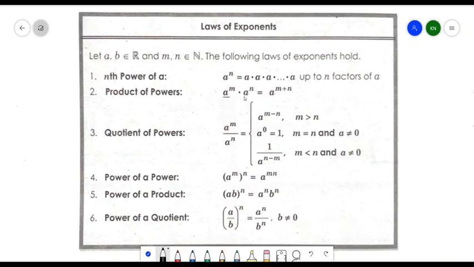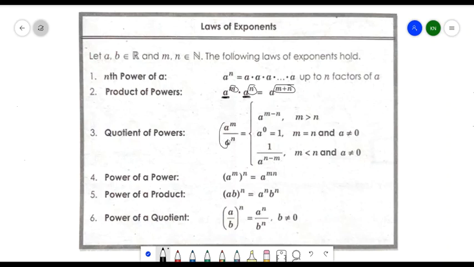Given the same base, if our expression has the same base, meaning you just have to add the exponents if they have the same base. But if they don't have the same base, then that is a different topic. So another one is the quotient of powers. So we have a raised to m all over a raised to n.